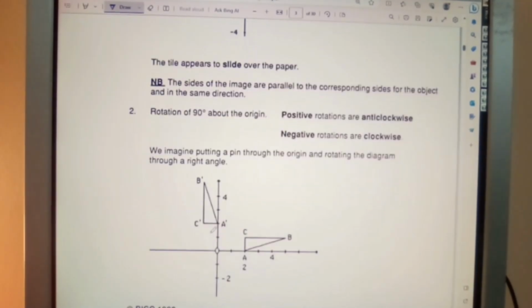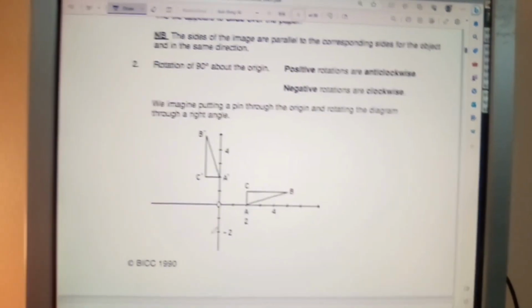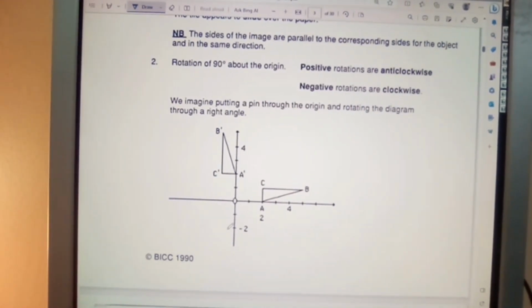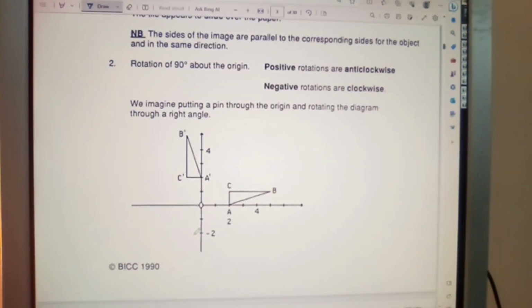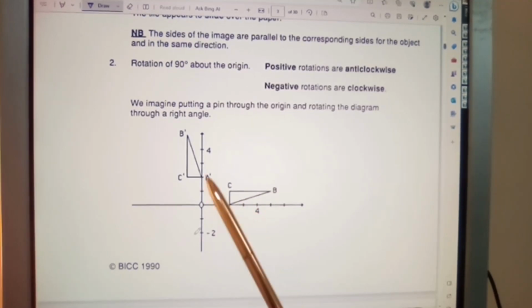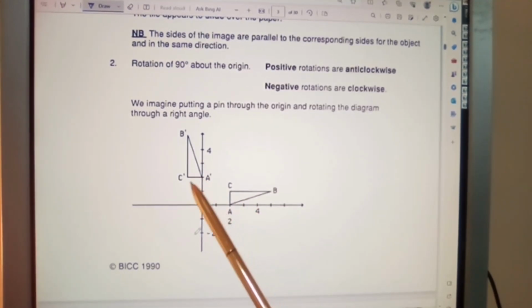So let's look at what we've got. You can see from our original point, we have now moved it to here.